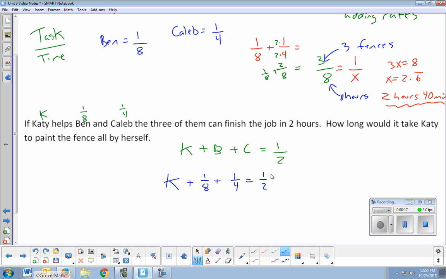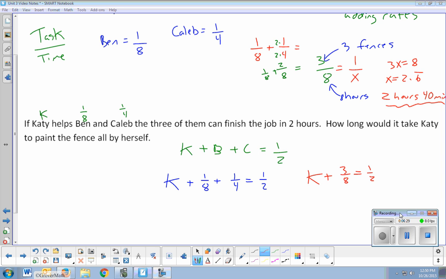One fence, one job in 2 hours. Simplify this out. We can write it as K plus, well, I know an eighth plus a fourth is 3/8, equals 1/2.